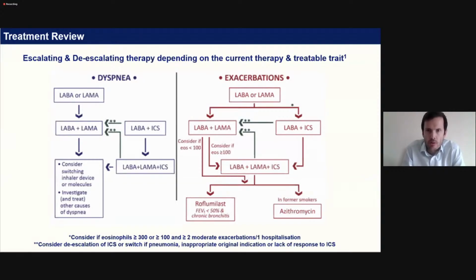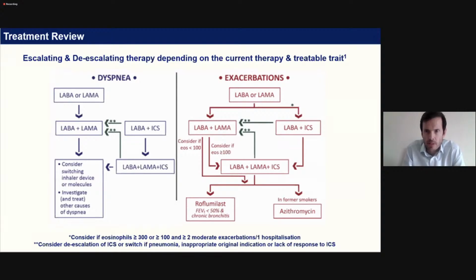In addition to review of non-pharmacological interventions such as smoking cessation and pulmonary rehabilitation, evaluation of the patient's response to previously initiated pharmacotherapy is extremely important. If the patient is continuing to have problems with their symptoms despite the initial therapy that was previously commenced, then treatment should be modified.